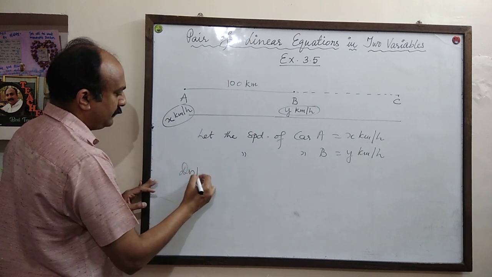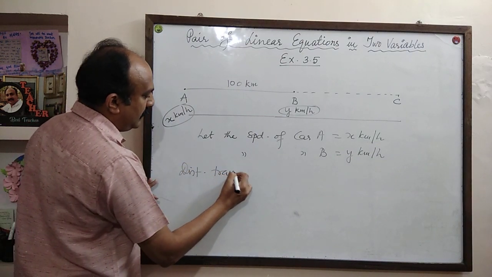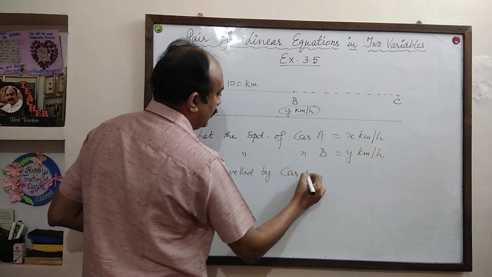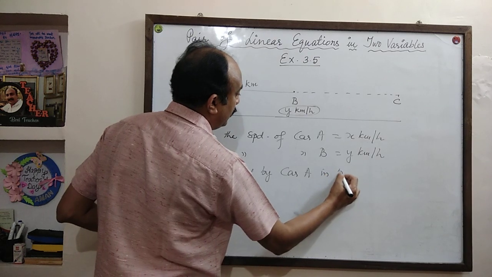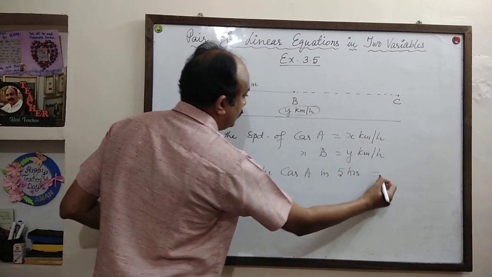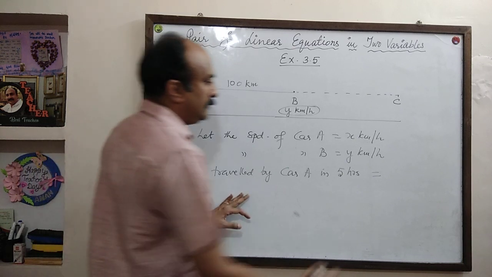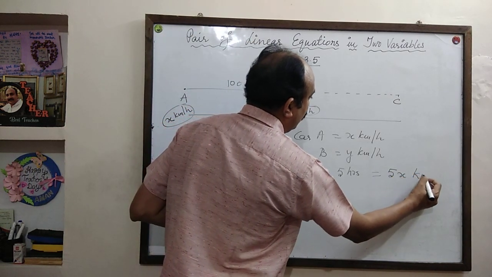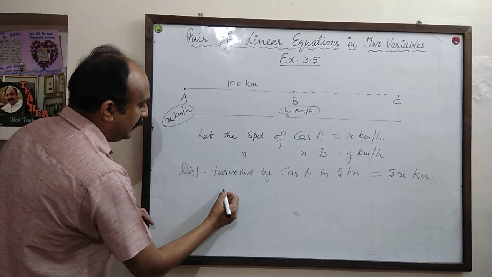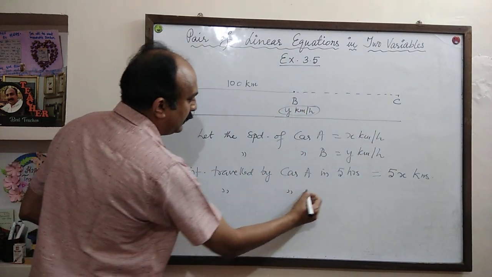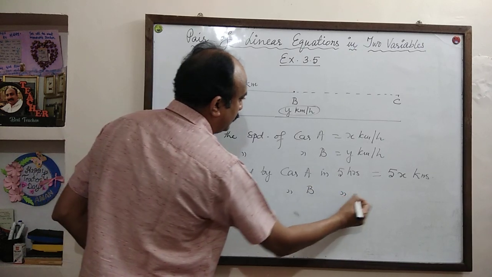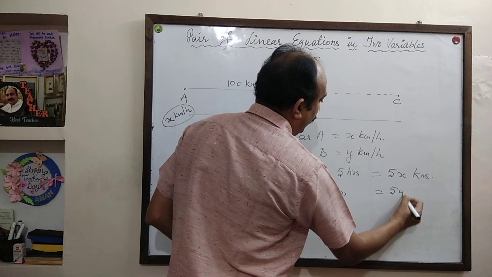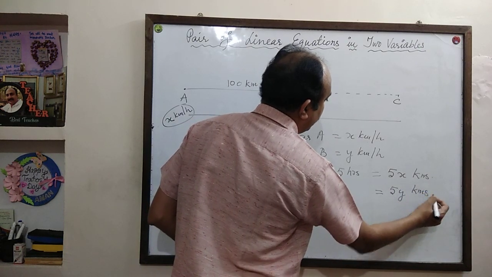Now, distance travelled by car A in 5 hours is equal to speed into time is equal to x into 5 equal to 5x kilometers. Similarly, distance travelled by car B in 5 hours is equal to 5 into y equal to 5y kilometers.